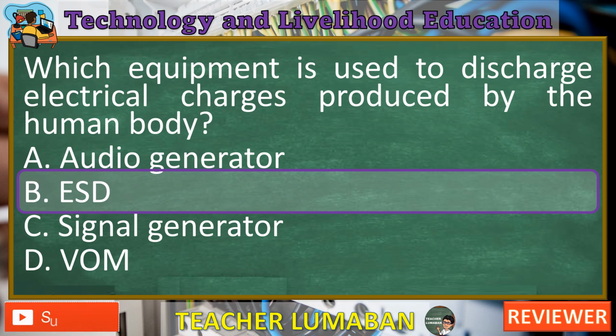VOM, volt-ohm-milliammeter. As discussed previously, a VOM is a multimeter used to measure voltage, current, and resistance. Therefore, the equipment used to discharge electrical charges produced by the human body is related to ESD, making B, ESD, the correct answer.